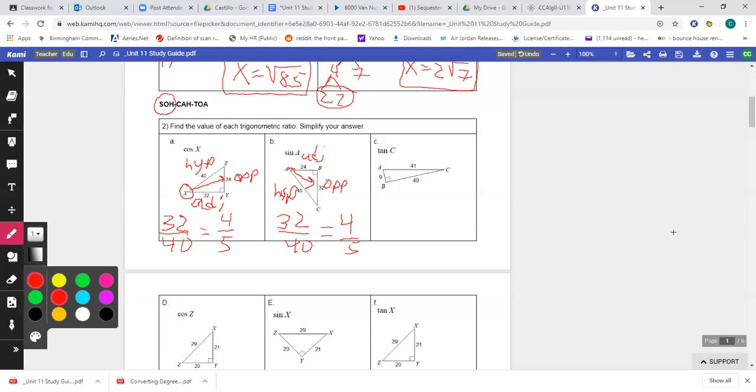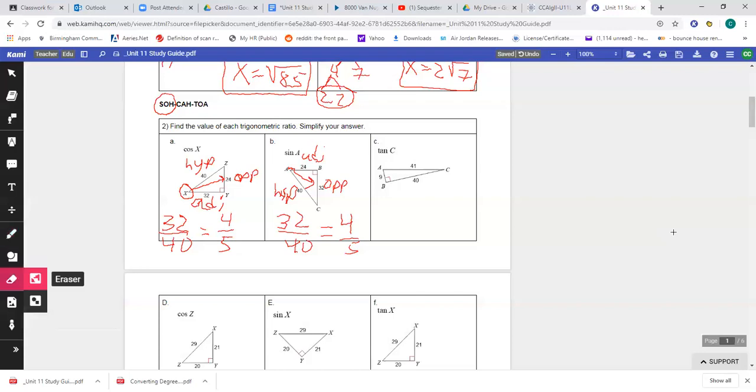Okay, now tangent. So here, tangent, if I look at Sohcahtoa, is opposite over adjacent.